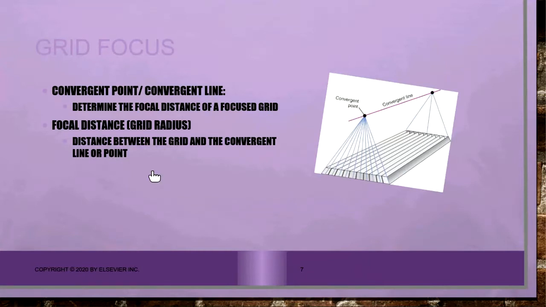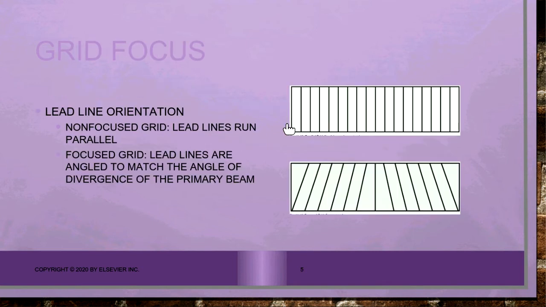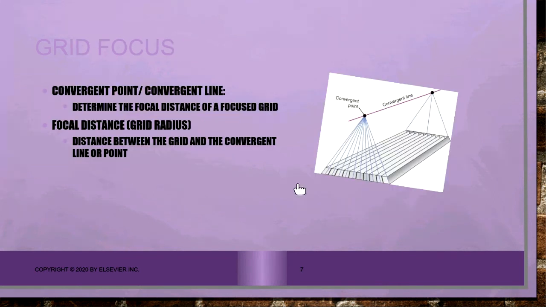Just to point out, with a parallel grid, these lines would never ever intersect. But with a focused grid, these lines end up intersecting or meeting at a specific point. If you were to continue the lines up, they would all intersect at what's called a convergent point.